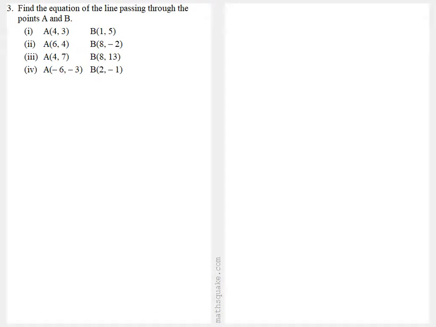In question 3, we're given 2 points, A and B, and we're asked to find the equation of the line passing through them. Now in part 1, we're told A is equal to (4, 3), and B is the point (1, 5).